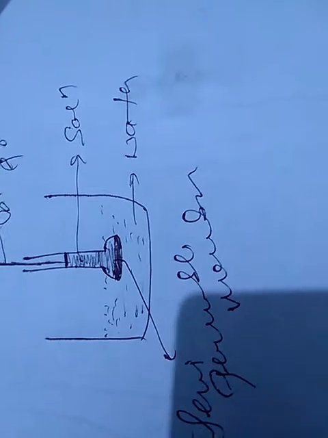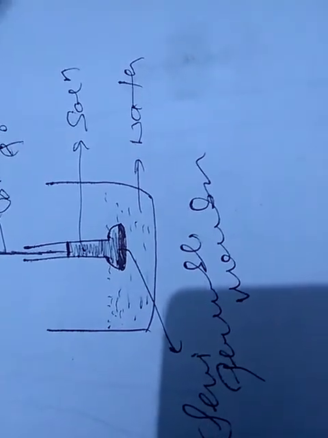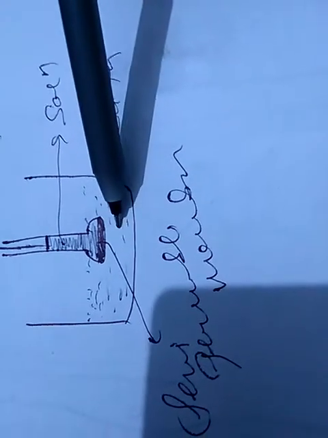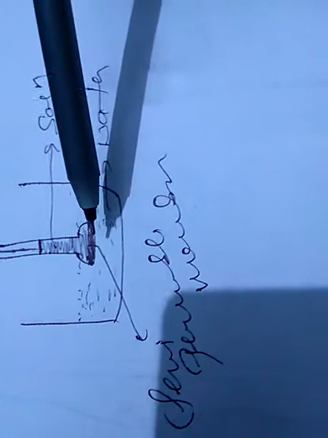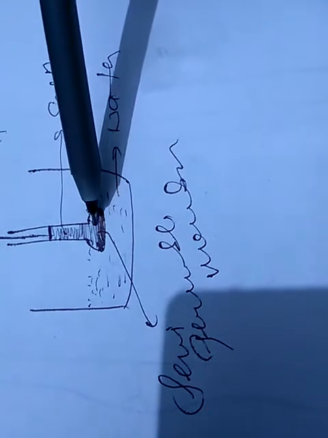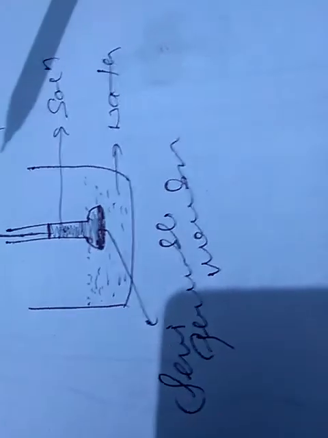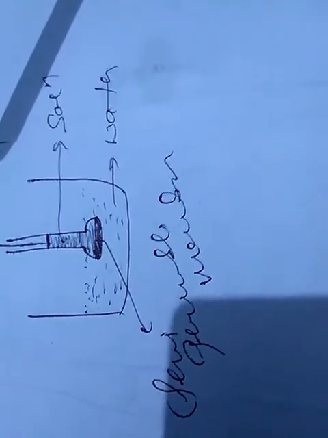So what actually happened is that when the solution with a semi-permeable membrane over it is kept inside a pure solvent, initially the solvent molecules from here started crossing this semi-permeable membrane and reached this solution, and slowly the level of the solution in this thistle funnel started rising.